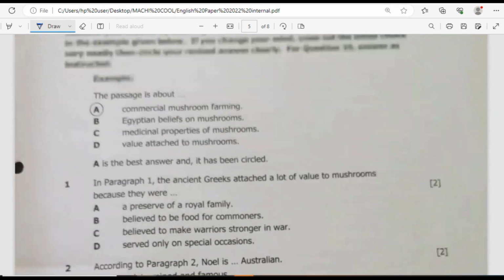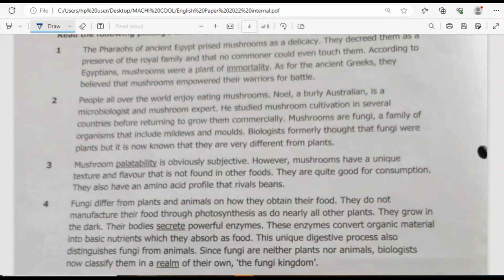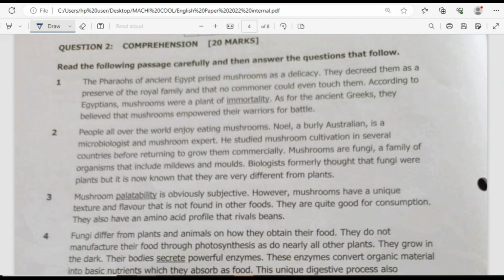So we can go to paragraph 1. Pharaohs of ancient Egypt praised mushroom as a delicacy. They decreed them as a preserve of the royal family and that no commoner could even touch them.